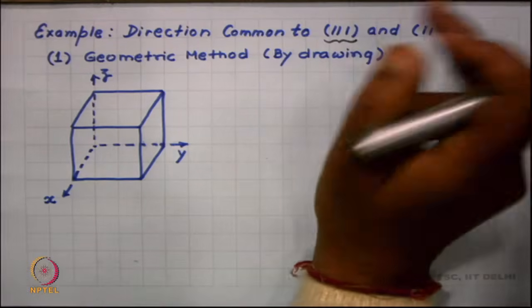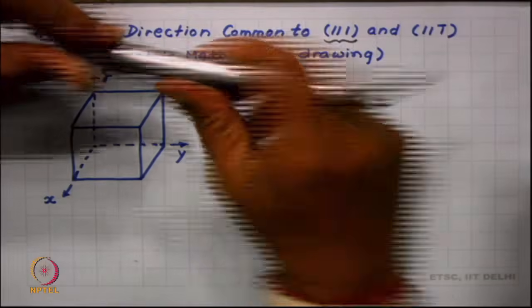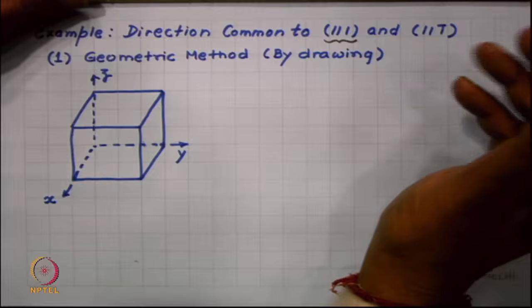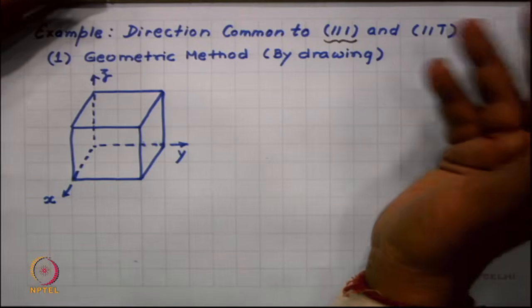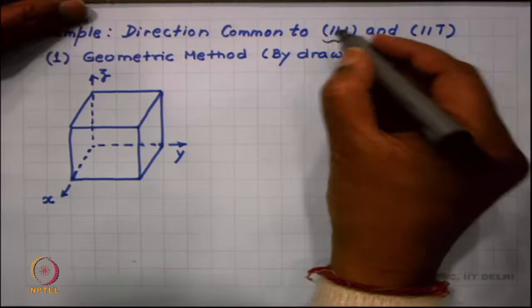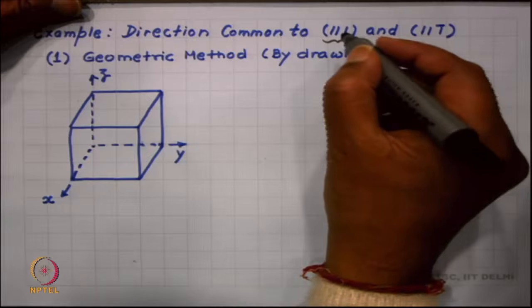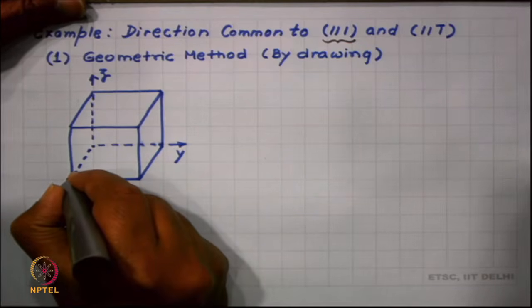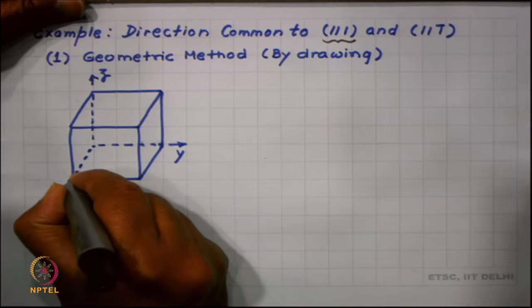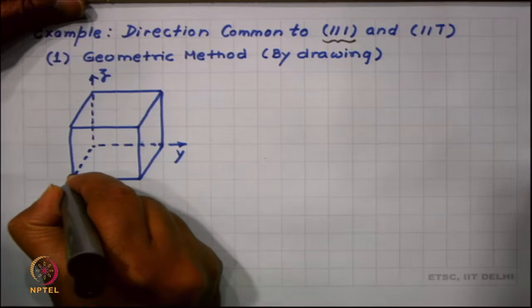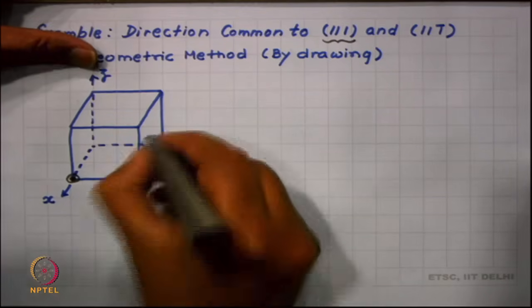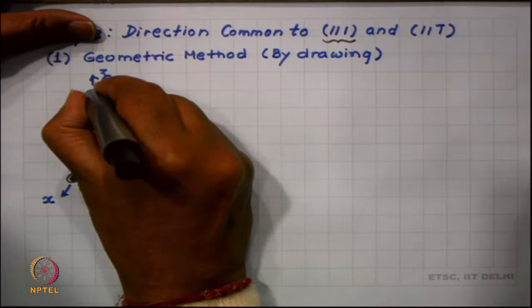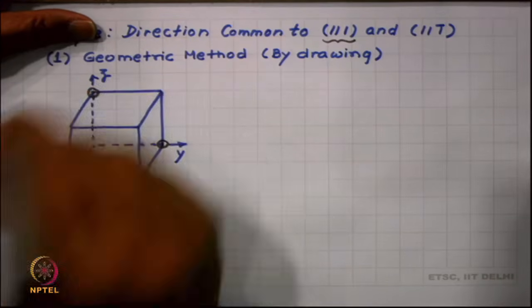Recall that the Miller indices of any given plane is the reciprocal of the intercepts. In case of 1 1 1, that is not a problem, the reciprocal is also 1 1 1. So, this plane intersects the x axis at 1, and 1 means equal to the unit cell edge length. So, at x axis it intersects here, at y axis it intersects there, and at the z axis it intersects there.